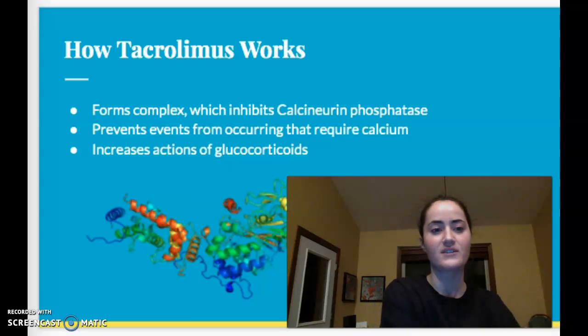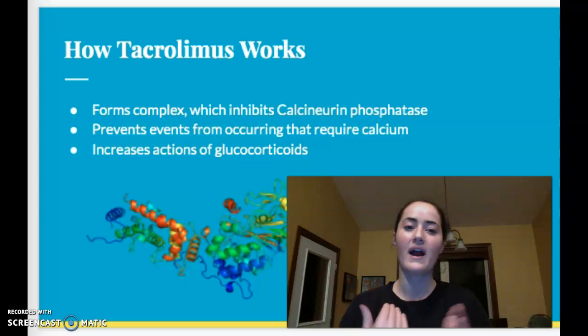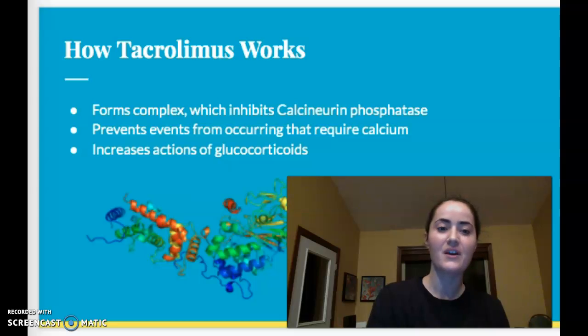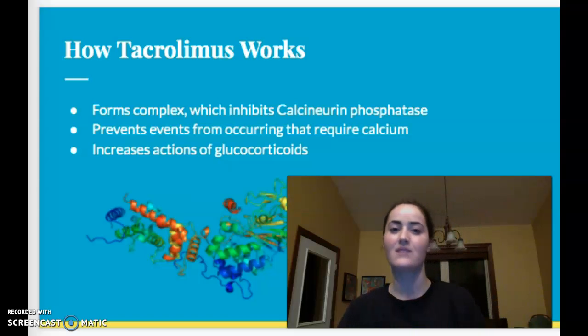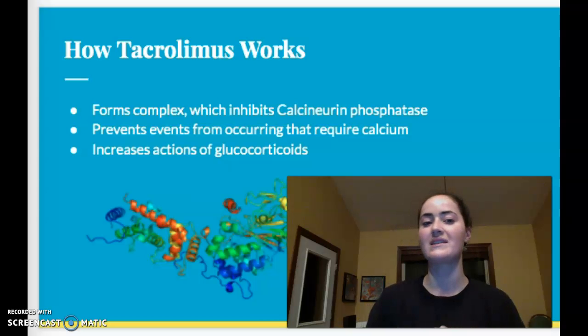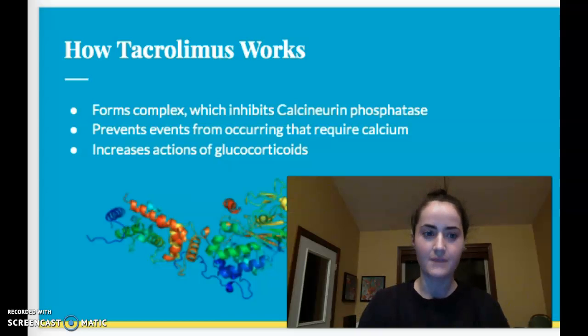Typically, calcineurin phosphatase is responsible for activating T cells. Because you're inhibiting this enzyme, you're not able to activate T cells anymore. So overall, what this medication does is decrease the activity and proliferation of T cells, like we had discussed earlier.